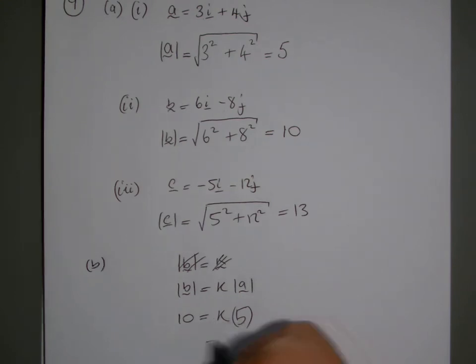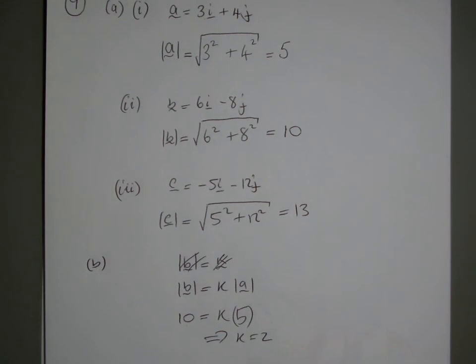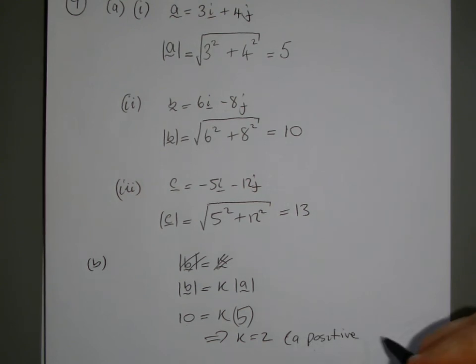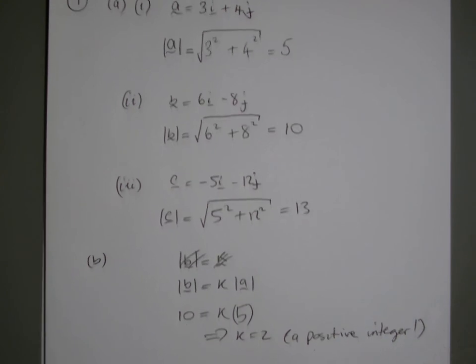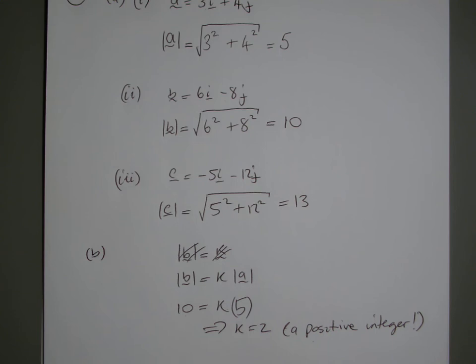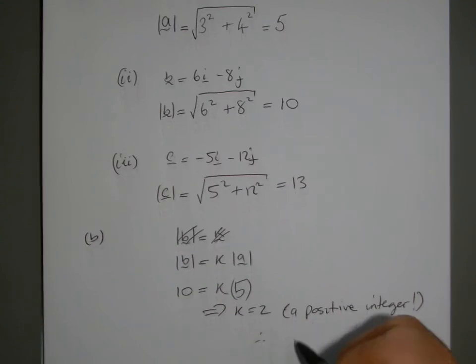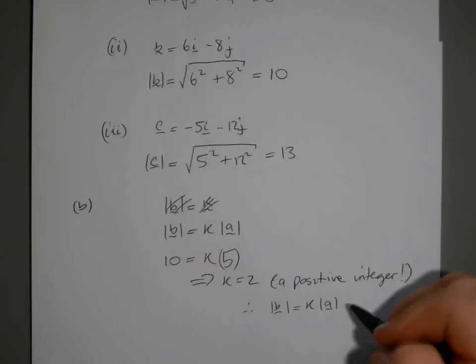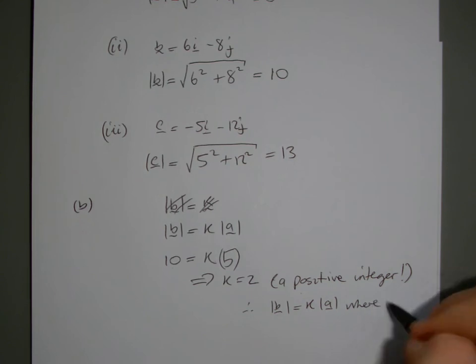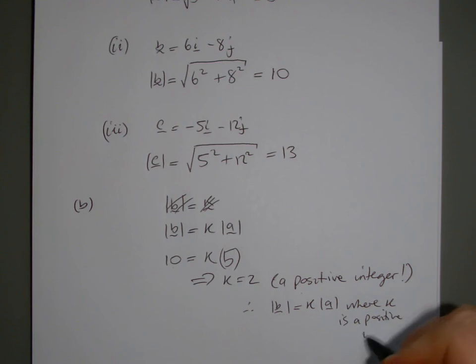That means k has got to be 2, which is a positive integer. Integer just means whole number. So in this case it is a whole number and it's positive, therefore the modulus of b is equal to k times the modulus of a, where k is a positive integer.